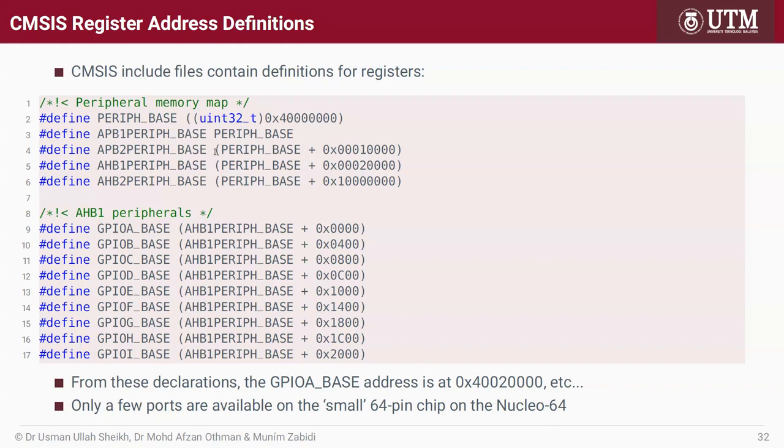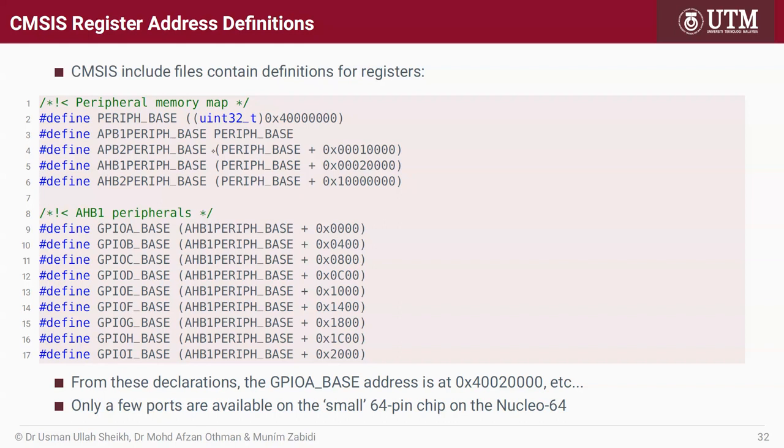So inside the CMSIS header file or Keil header file, you already have this. The peripheral base, of course, is 40 million, because all the peripherals start at 40 million. And then we have the peripheral base for APB1, APB2, AHB1, AHB2. And then for GPIOA, the address is AHB1 peripheral base.